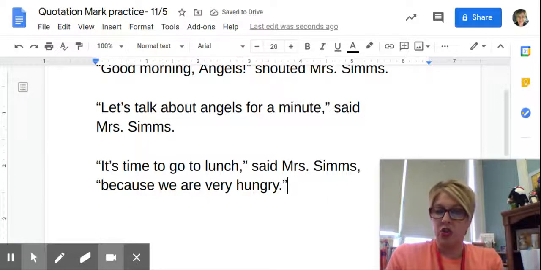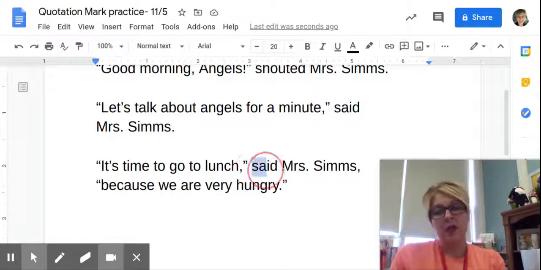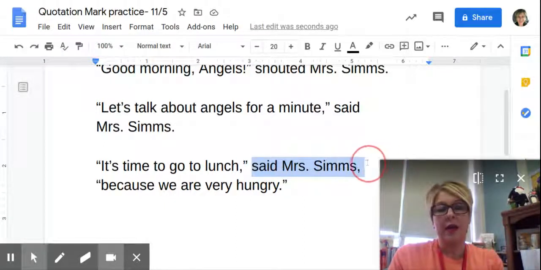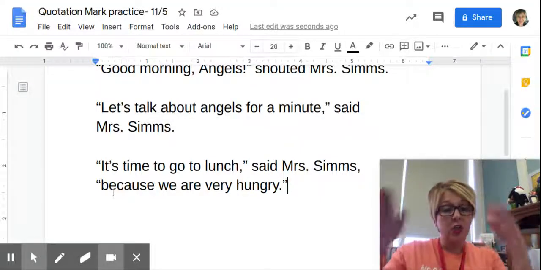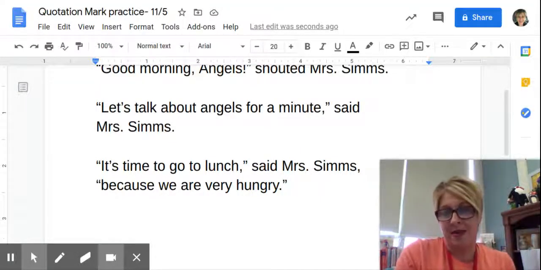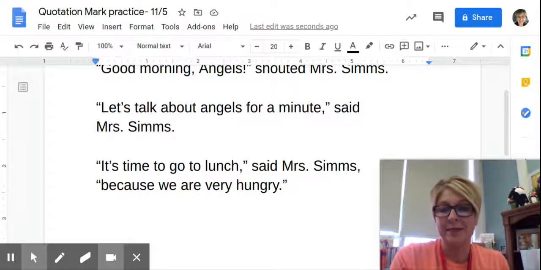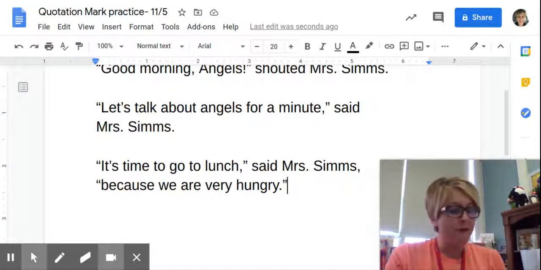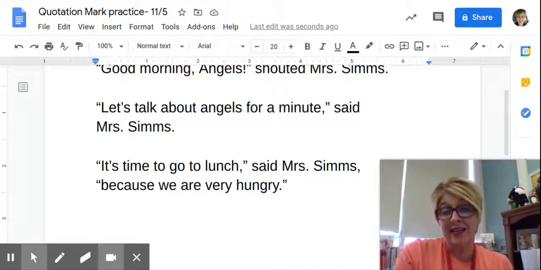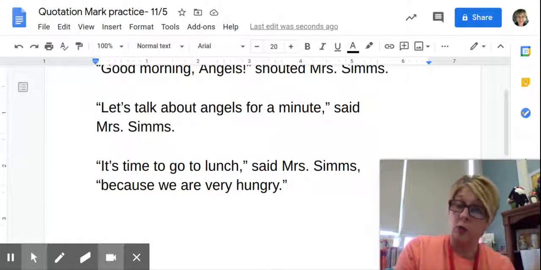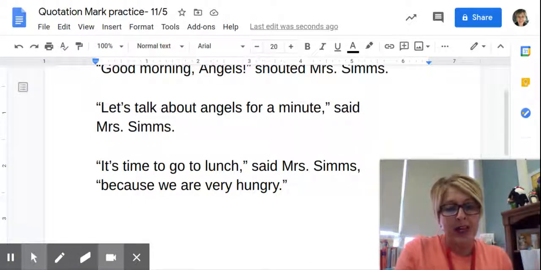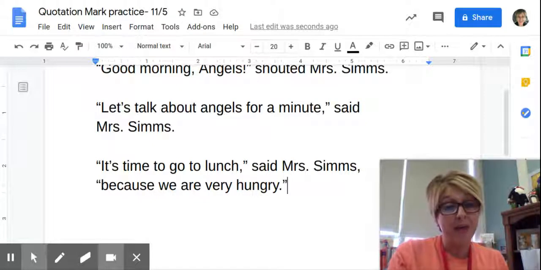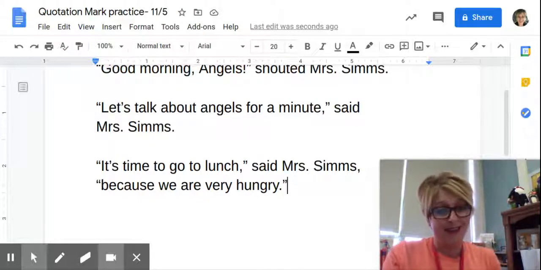Because she spoke at the beginning, then we see the part that interjects that says who was talking, and then she speaks again, we have to use two sets of quotation marks within that sentence. So those are some examples of quotation marks and how you might see it in a book, or if you're writing a story, then you may need dialogue as your characters are speaking to each other. So there's a little mini lesson on how to do that. Hope it helped.